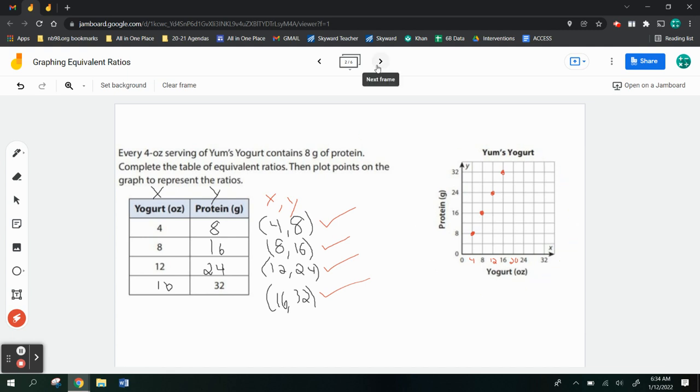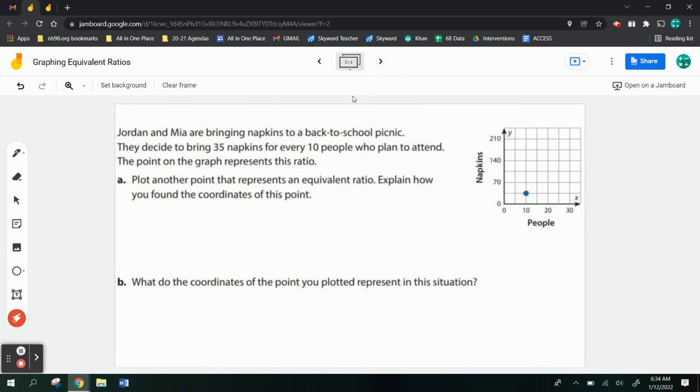Let's move on to slide 3. And for you, that should be problem 2, still on the front side of the guided notes. Number 2, Jordan and Mia are bringing napkins to a back-to-school picnic. They decide to bring 35 napkins for every 10 people who plan to attend.